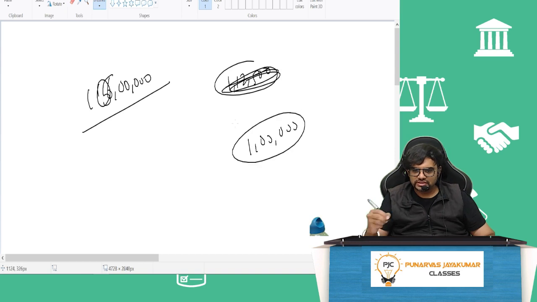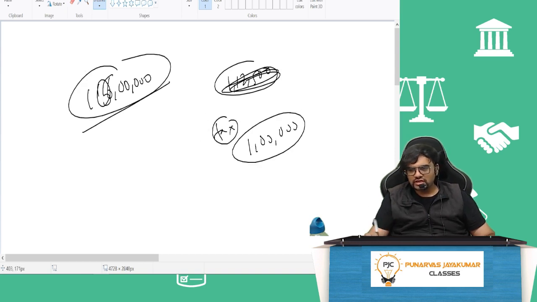You are paying a tax of 1 lakh with the income of 10 lakhs. So the question here is, generally the rate is 5%, 10%, 20%, like that it goes.